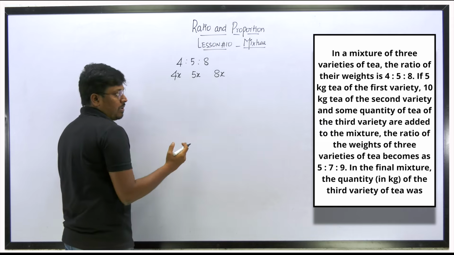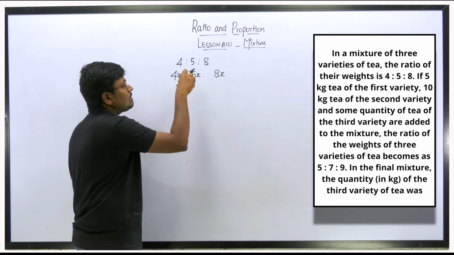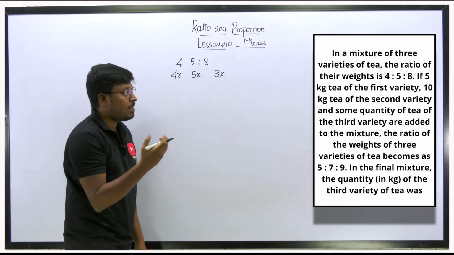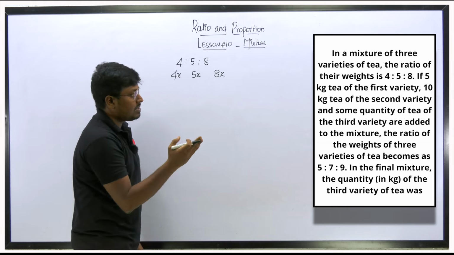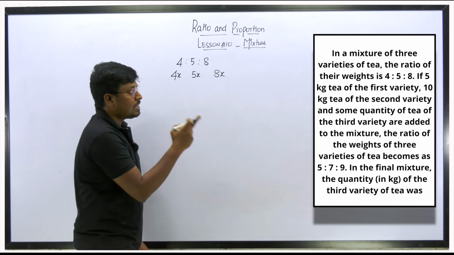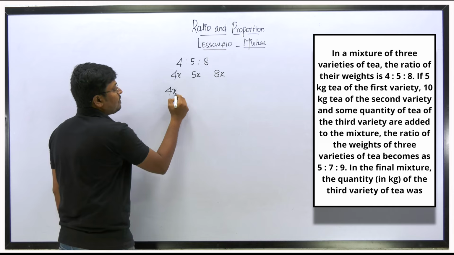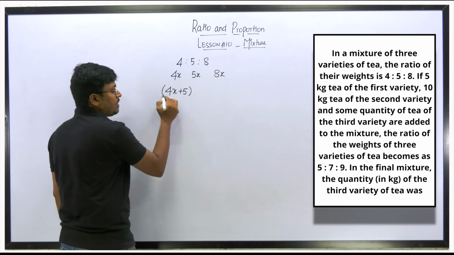Now according to the question, they are creating a new mixture from these 3 tea varieties. Where 5 kg of tea of the first variety and 10 kg of tea of the second variety and some quantity of tea of the third variety are added to the mixture. In the first variety, 5 kg is added, so 4x plus 5, got it?